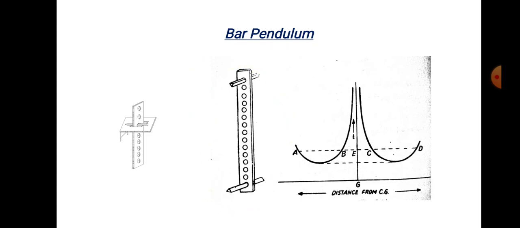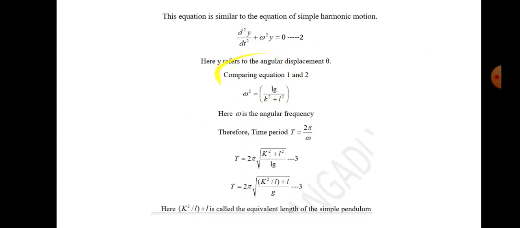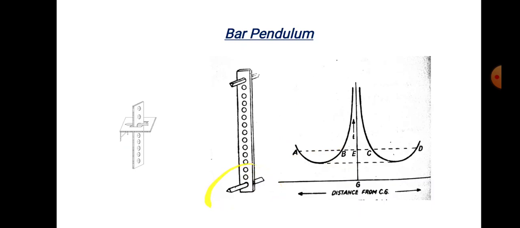Suppose the bar is allowed to oscillate about the horizontal knife edge, which is fixed in each hole from both sides, either this side or this side. The period of oscillation is obtained by observing the time for 10 or 20 oscillations.